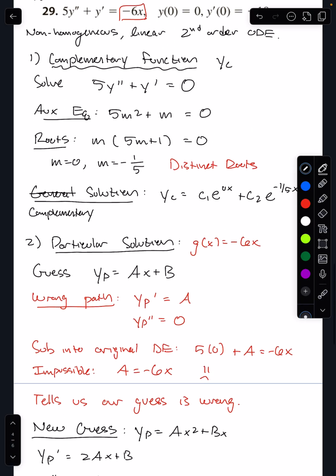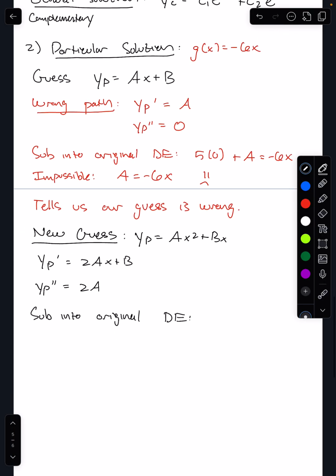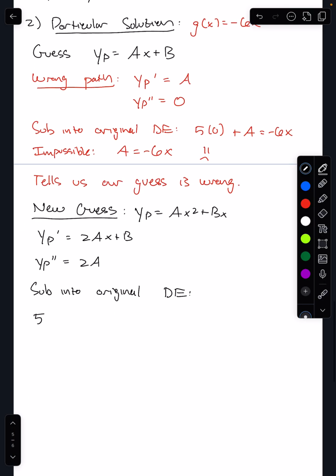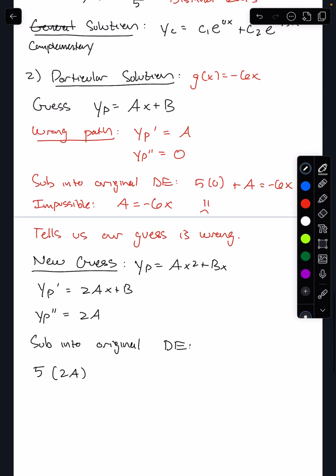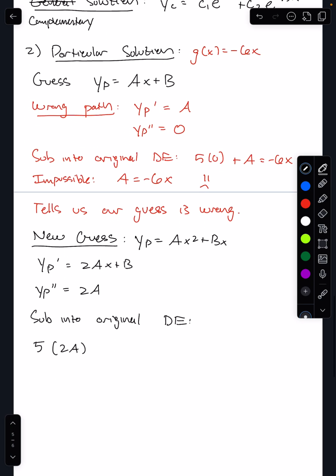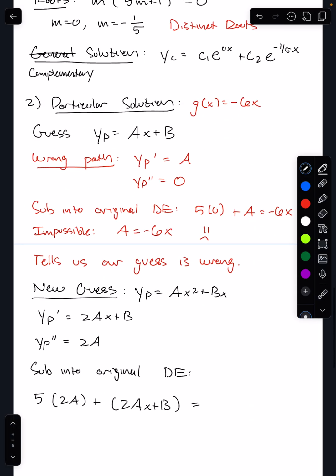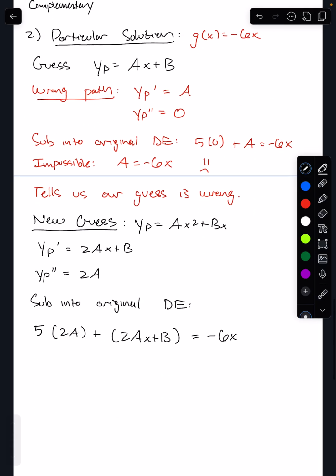And when we do that, we want 5y double prime, so 5 times 2a, plus y prime, 2ax plus b. And there's no yp term, so this should all equal negative 6x.